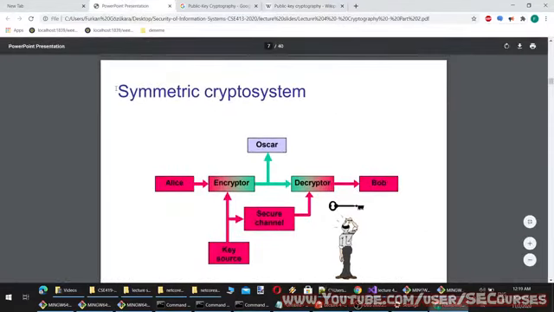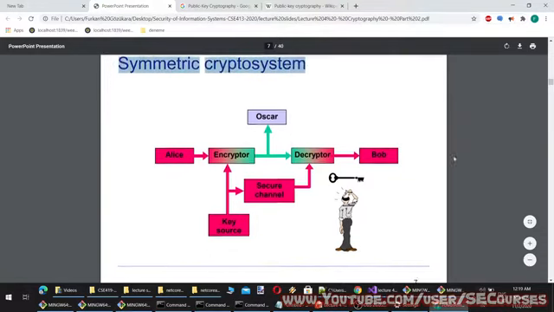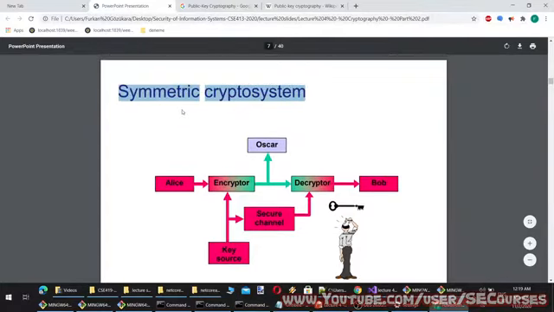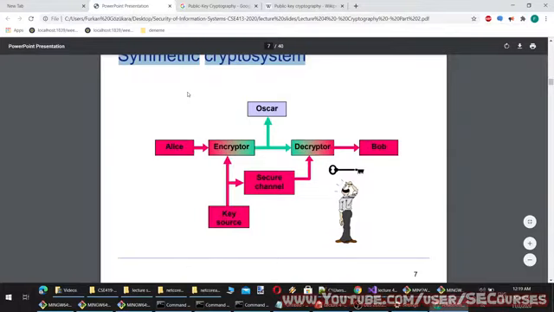So, symmetric crypto system. What was the symmetric crypto system? In a symmetric crypto system, a single key is used to both encrypt and decrypt the file. So Alice encrypts the message using a key source and encryptor, and then Bob uses the same key for decryption and gets the message.